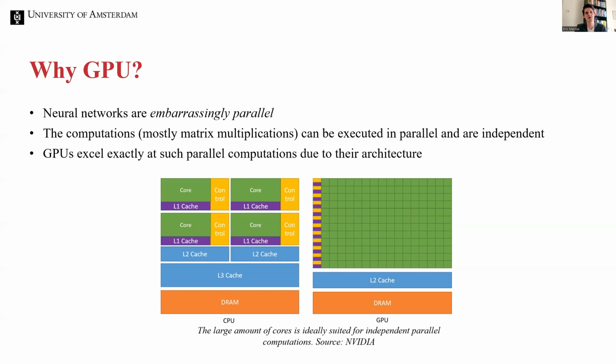The name kind of gives it away. All the calculations that you're doing, which are like matrix multiplications, can be executed in parallel, and they're practically completely independent. And those are exactly the kind of computations where the architecture of a GPU, a graphical processing unit, excels.